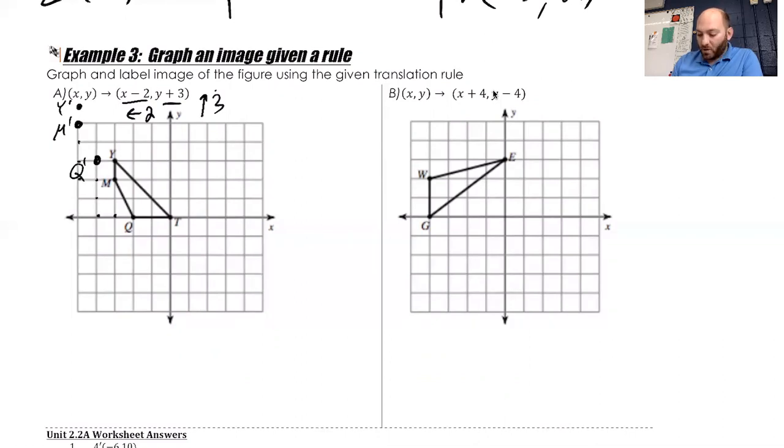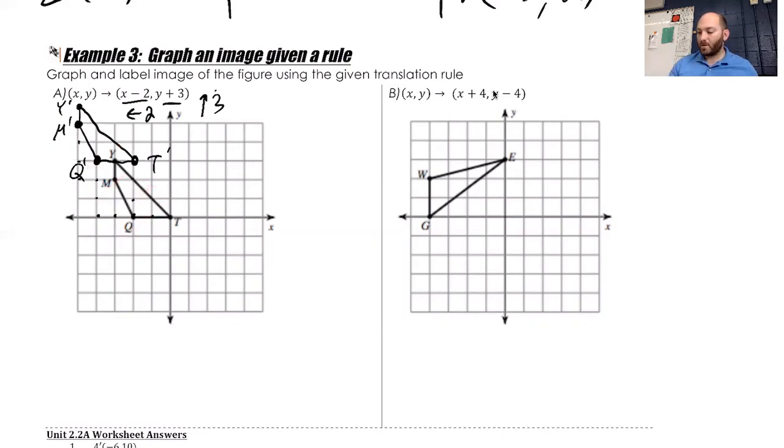And then T is going to go 1 to the left, 1, 2, 3 up for T prime. So connect all those. Other than my bad drawing of that line, the last part is an exact copy. And again, remember what I did here: I just followed the rule of 2 to the left, 3 up. I labeled my new image with primes. So I went from the pre-image to the image.